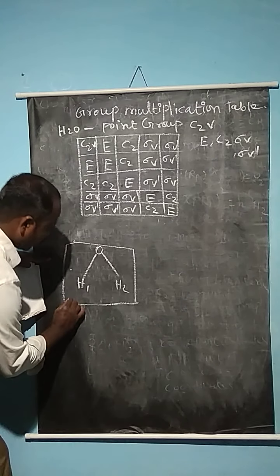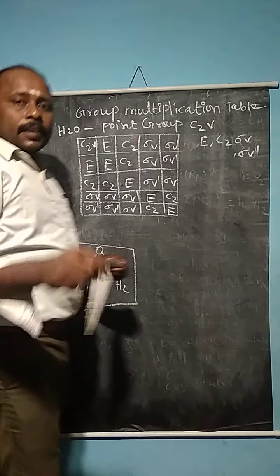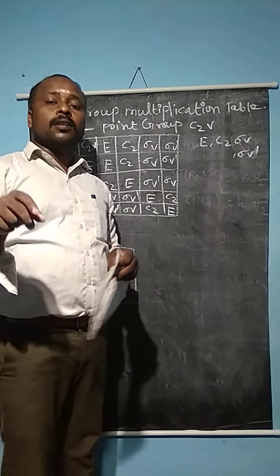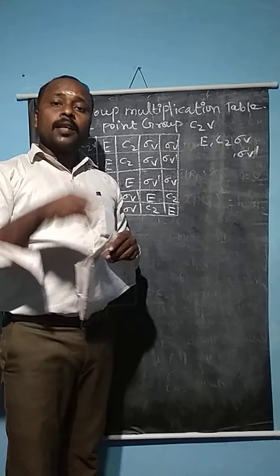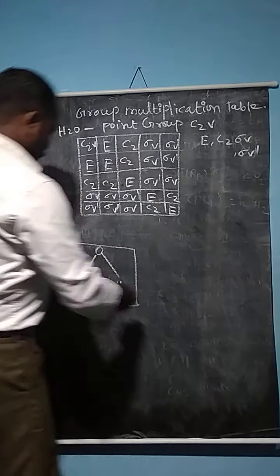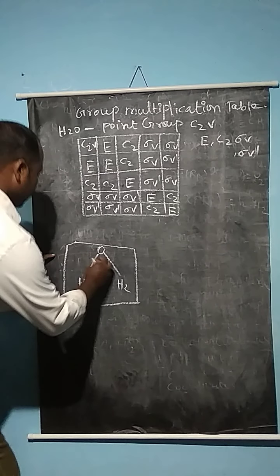Here this is a sigma v vertical plane. The plane which contains the principal axis of symmetry is called the sigma v plane, or the plane that contains all the atoms present in the molecule. That is the sigma v plane. Here one more plane is sigma v dash.